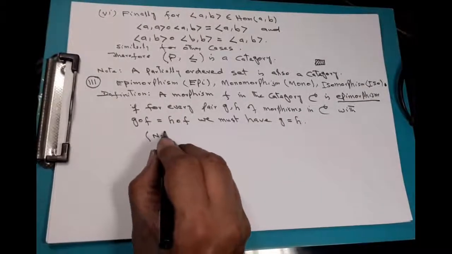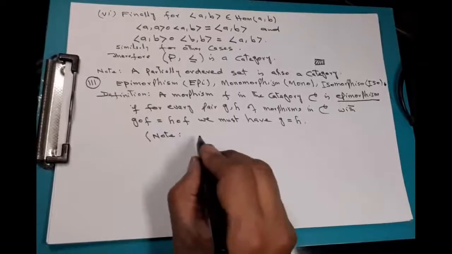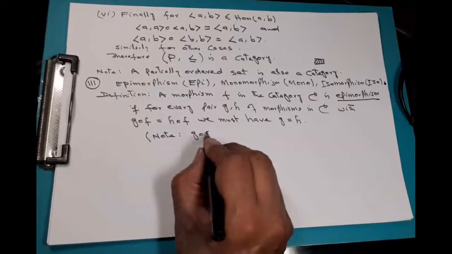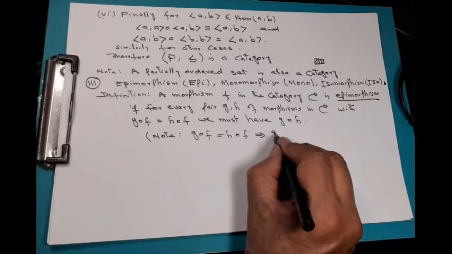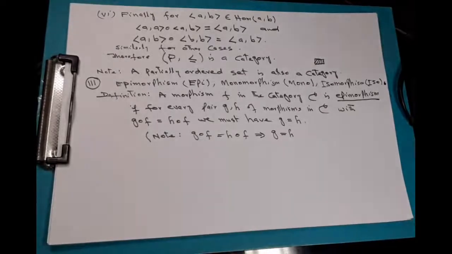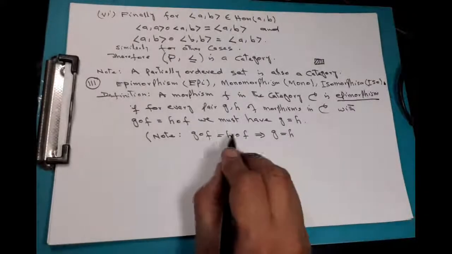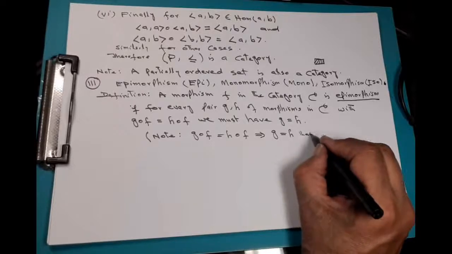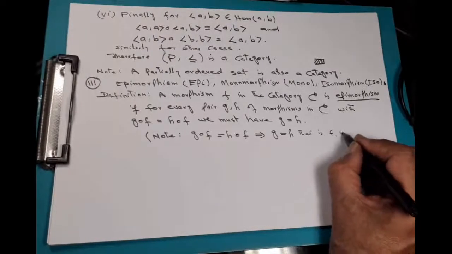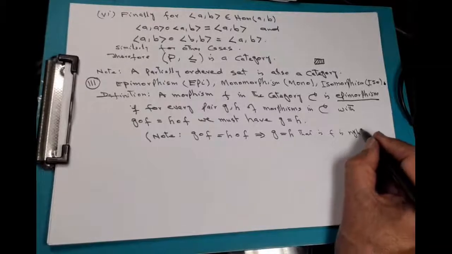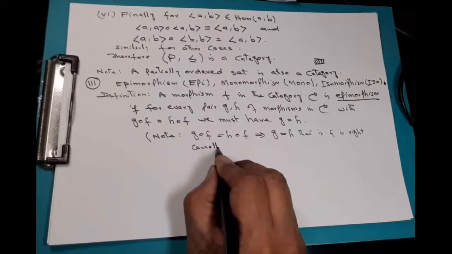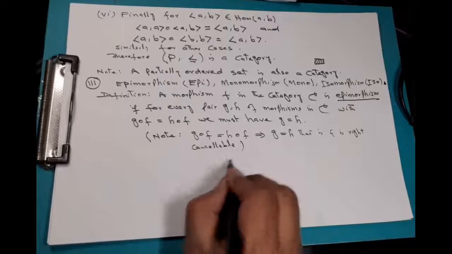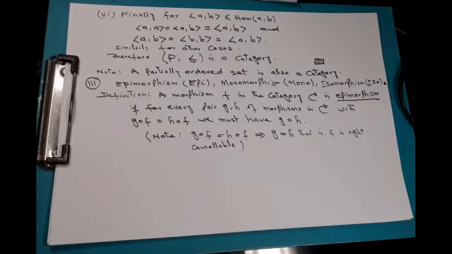Let me recall the way we wrote it in our previous session. We wrote it in this way: G composed with F equal to H composed with F implies that G is equal to H, and we called it that F is right cancelable. So this is the same thing we have done already in our previous session.